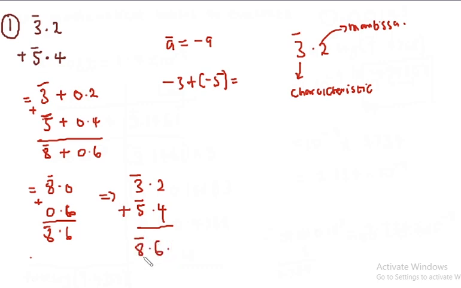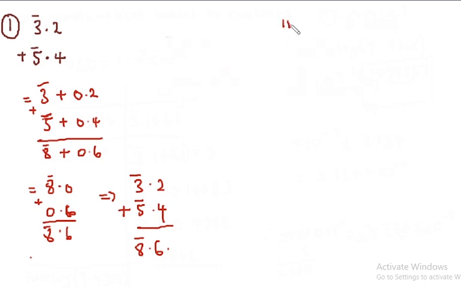Let me take another addition example for you to see. So let's say we have 2 bar 0.9 plus 5.6. We can rewrite this as 2 bar plus the mantissa separately, 0.9.